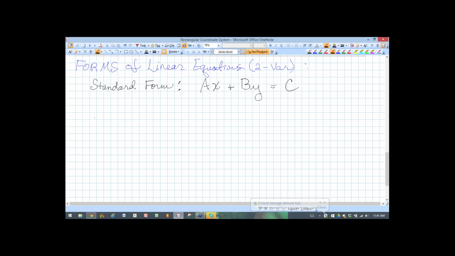The next one we're going to go into is called slope-intercept. And I'm going to look a little closer as we go along, but each of these will have its uses, okay? And look, in standard form, just keep in mind, I'm going to write on the right of each thing a slope formula, okay?